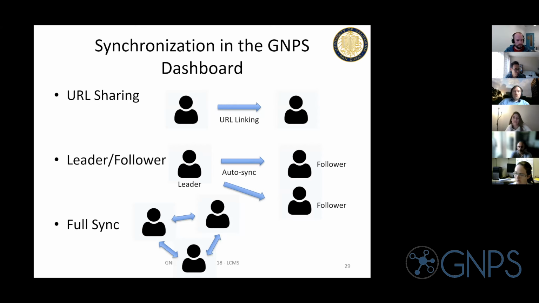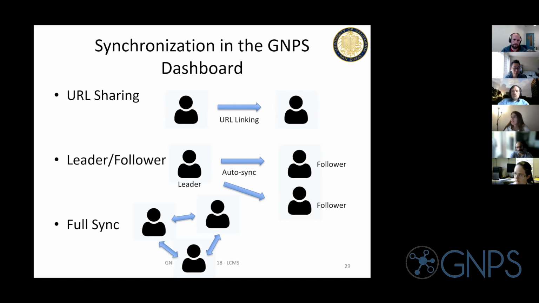And so one of the things that we wanted to do with the dashboard is the ability to share exactly what you're seeing with somebody else. That's this first class of sharing. If I pick a file, I pick an XIC, I do some zooming in on the heat map, I set my integration bounds, it's relatively straightforward to share exactly what you're seeing with somebody else.